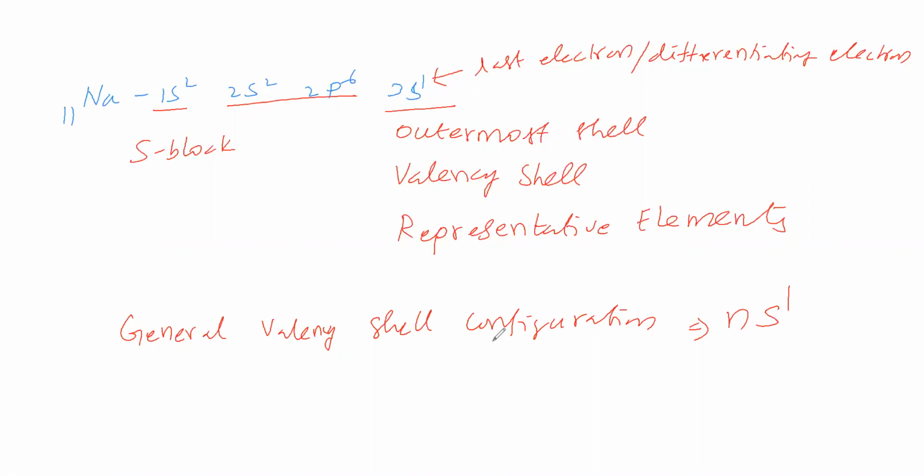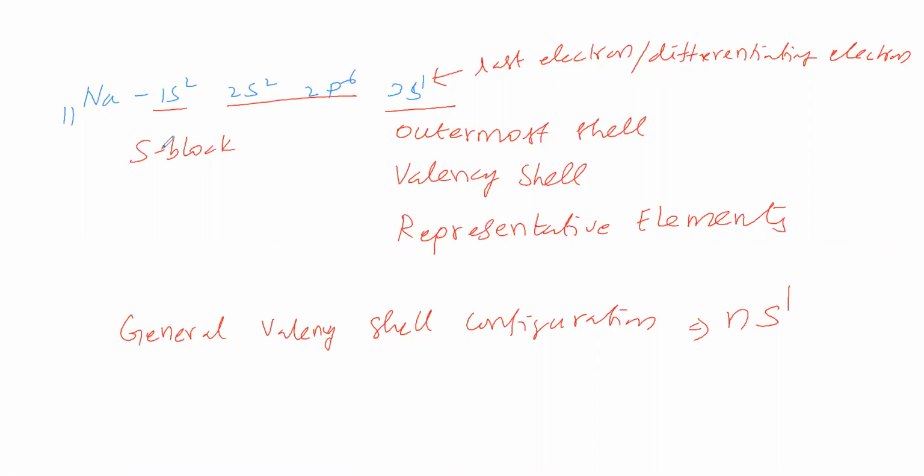So the general valence shell configuration is ns1, and sodium falls in this configuration. Sodium comes under the S block because the last electron, called the differentiating electron, enters the S orbital.